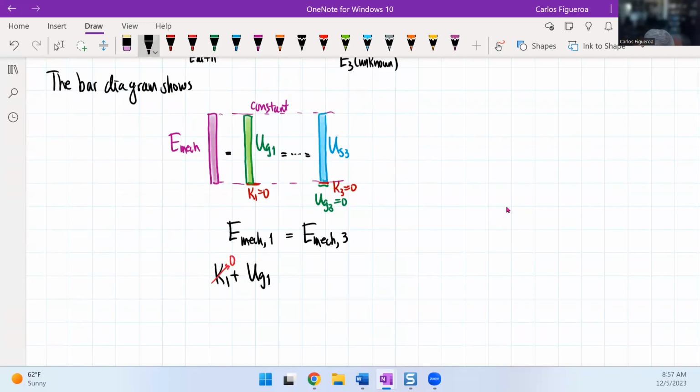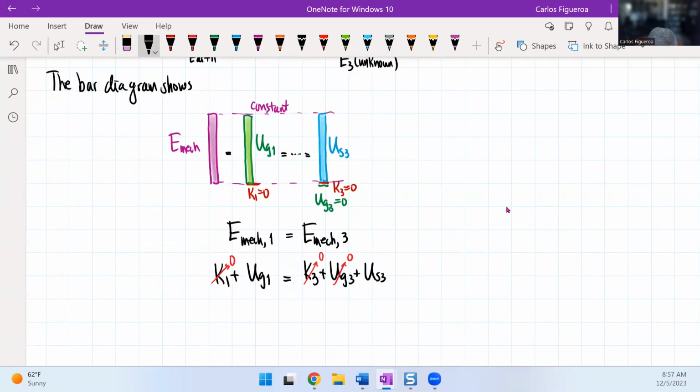That's what our bar diagram is telling us. And when I look at mechanical energy 3, I could write my kinetic energy and my gravitational potential energy there, but we already knew that these guys were 0. So the only thing that really counts is the spring potential energy.